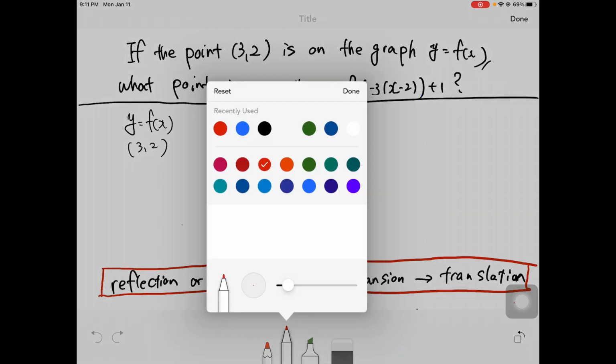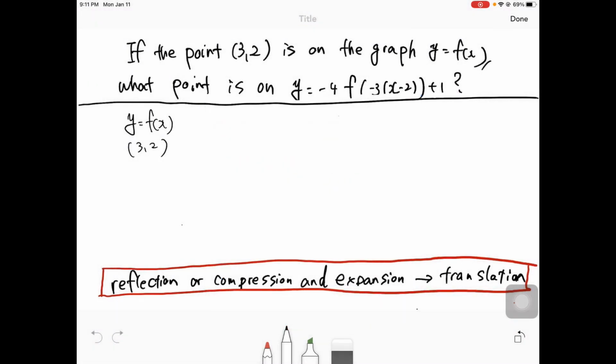So let's get started. What do you get from this question? You have the point (3, 2) on the function y equals f of x, but what you have to find is the point on this complicated function.